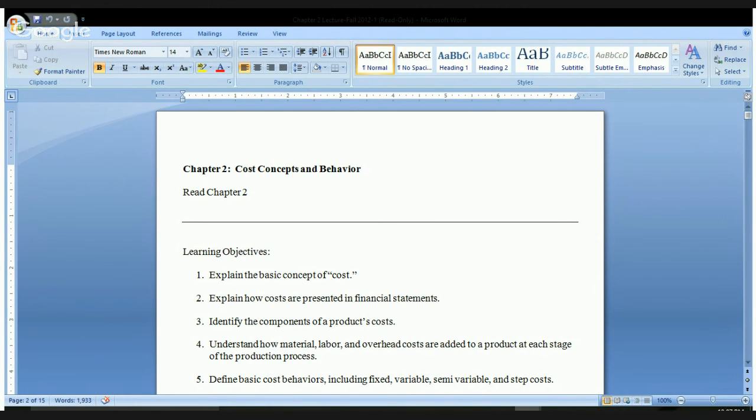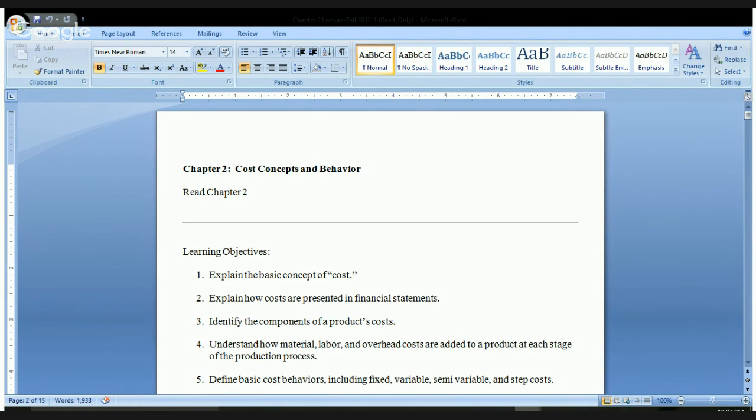And basically what it says is this particular truck can go 120,000 miles. So our fixed cost for each truck is $40,000, no matter what. So I can use one truck up to 120,000 miles. That's my relevant range for one truck.